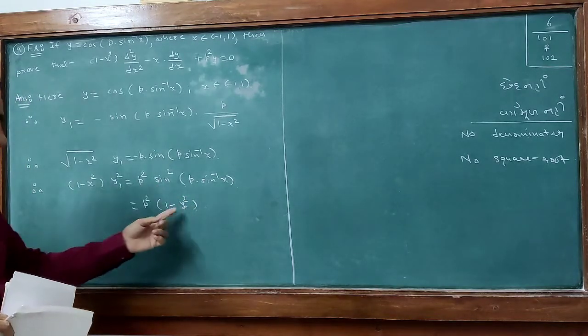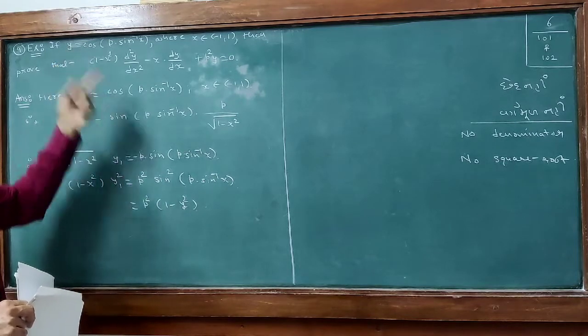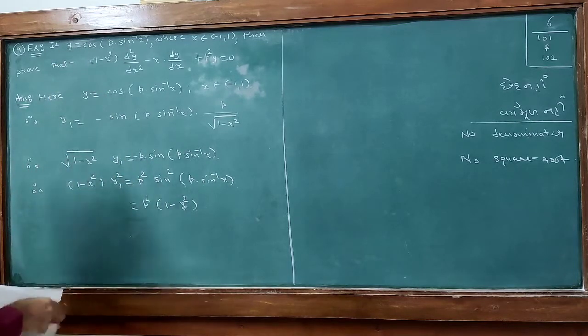So sin square is 1 minus cos square, but cos is y and therefore it is 1 minus y square.